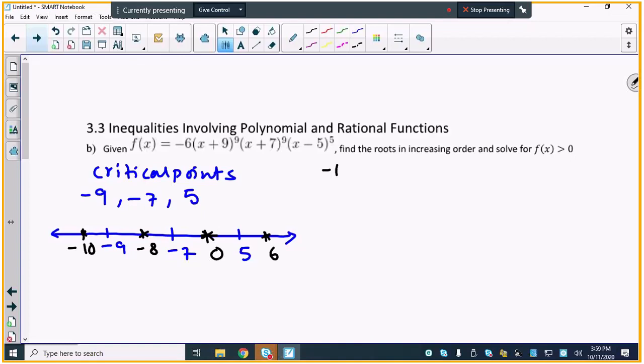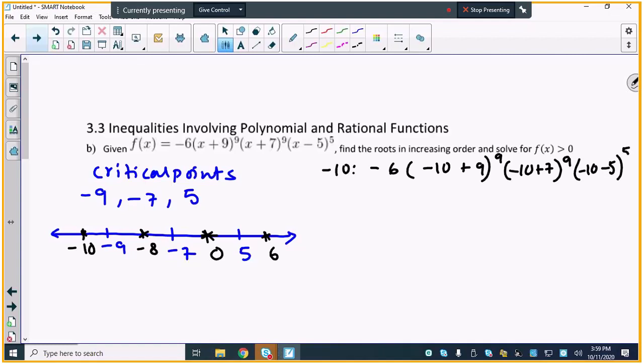So at -10, your function is going to take the value -6 times -10 plus 9 to the power 9, -10 plus 7 to the power 9, negative 10 minus 5 to the power 5.